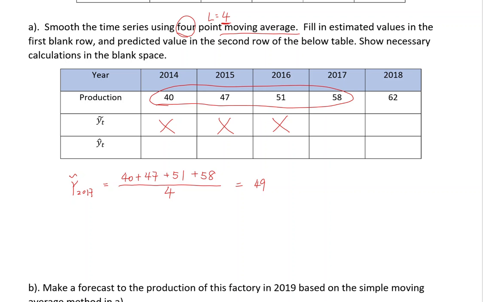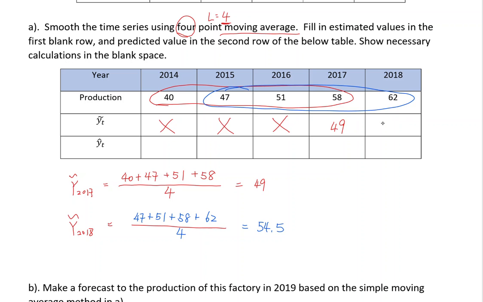From 2017 you have the estimated value, which is 49, and then the 2018 estimated value will be what? It will be the next 4 observations, right? It will be 47 plus 51 plus 58 plus 62 divided by 4, which is 54.5.